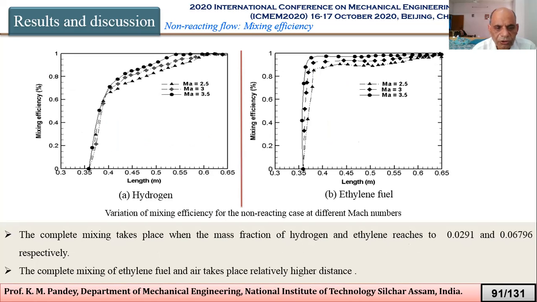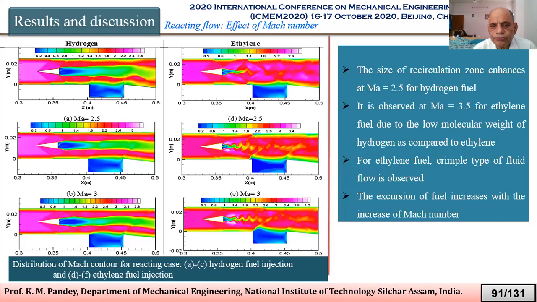And here also we observe that the complete mixing of ethylene fuel and air takes place relatively at higher distance. Then these are the diagrams, and we see that for ethylene fuel, a crimple type of fluid flow is observed, and the excursion of fuel increases with the increase of Mach number. We have compared ethylene and hydrogen here, and you can see the variation from the figures themselves, and the figures are self-explanatory.